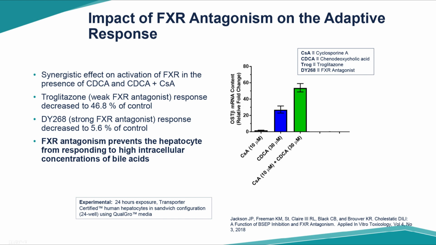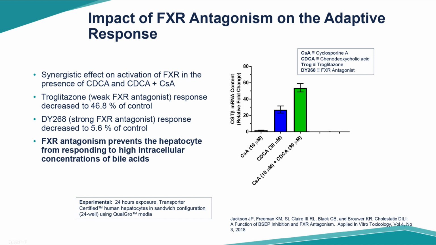Now when we treat with troglitazone, for example, which is a weak FXR antagonist, we can antagonize that FXR-mediated adaptive response by about 50%. And then we went and looked for the most potent FXR antagonist we could find, and that was DY268.